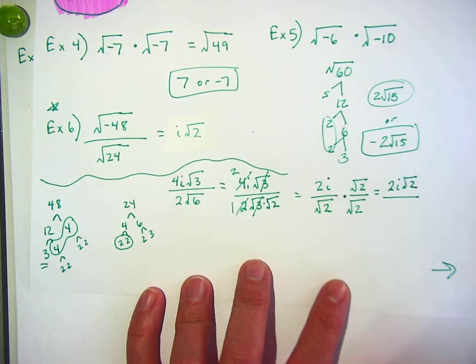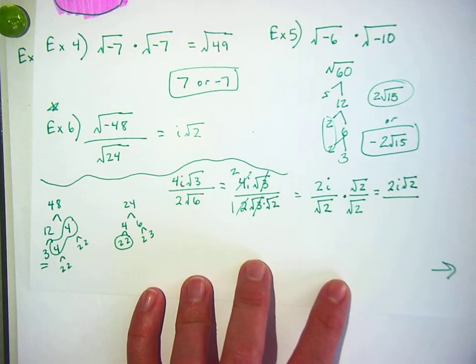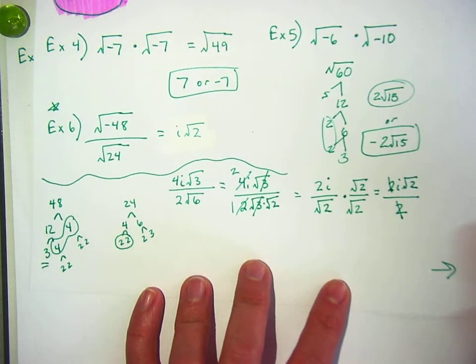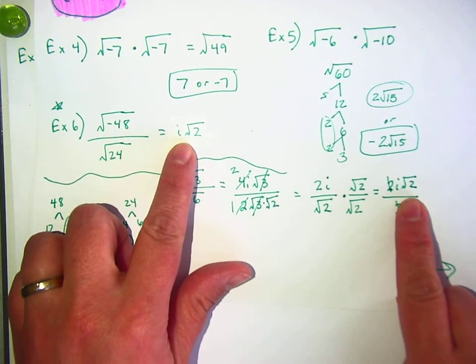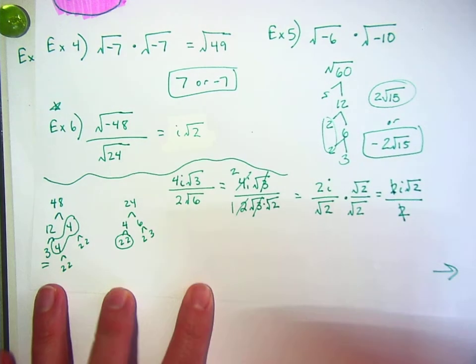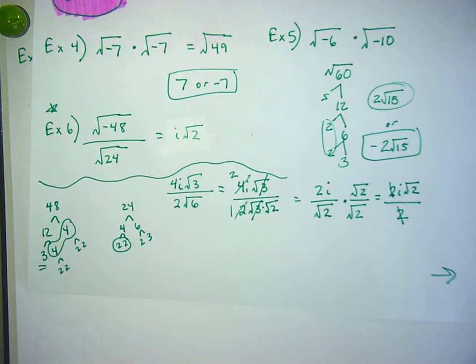Because the square root and the square root kind of cancel each other out. Because it's like the square root of 4, which is 2. And then do you see how those cancel out and you end up with I times the square root of 2? Okay, so it does work, but again, don't do it this way because it takes way too long and it's way too complex, but it was driving me nuts why they weren't equal.